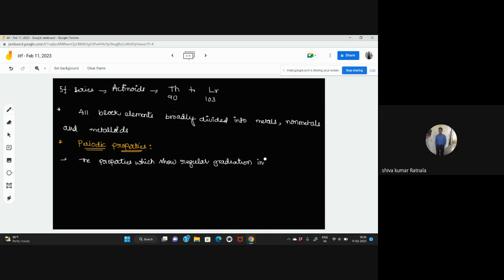For example, if I'm taking scandium only.